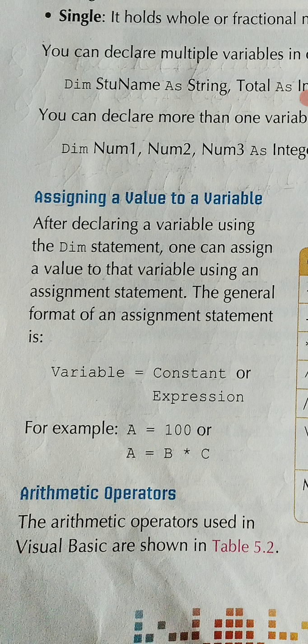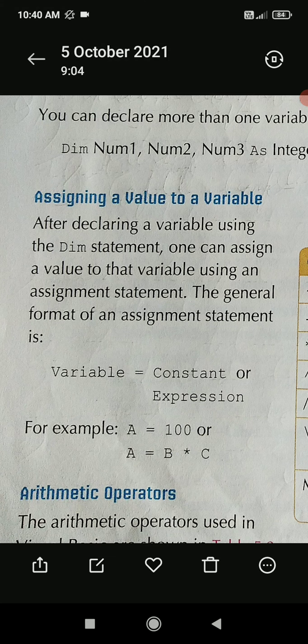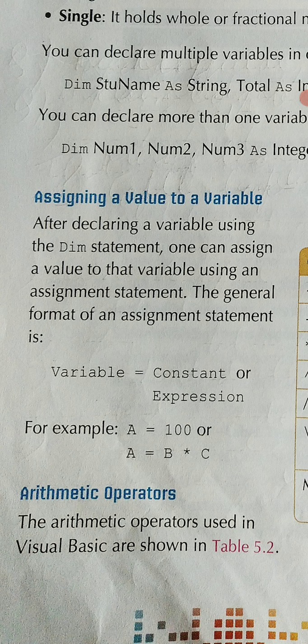What is an assignment statement? Explain with an example. You are going to write the answer. Assignment statement is a statement where one can declare a value to a variable, full stop. After declaring a variable using the Dim statement, one can assign a value to that variable using an assignment statement, full stop.